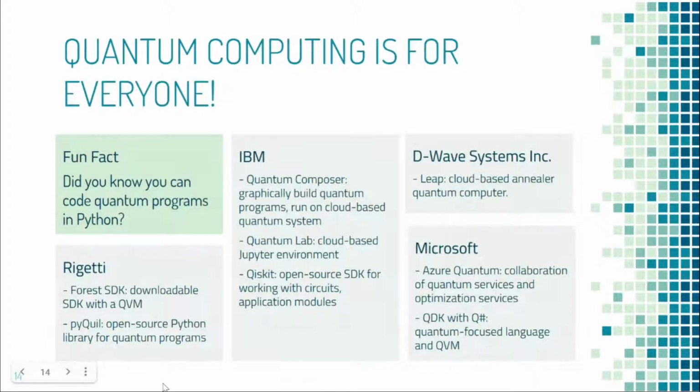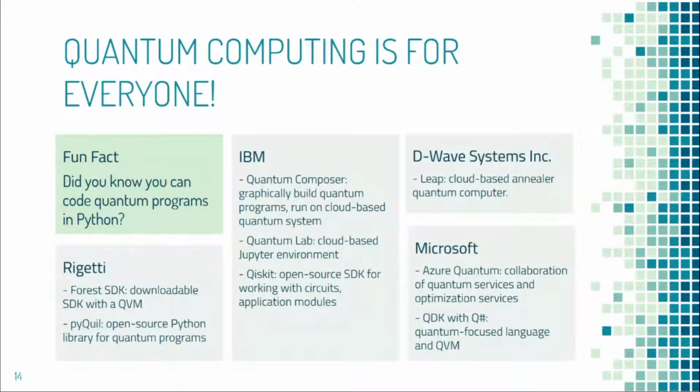IBM has done a lot of work in the field, and actually I'll show you in just a second the Quantum Composer. But they also have a very popular open source software kit called Qiskit, and that can also be used with Python for working with circuits as well.